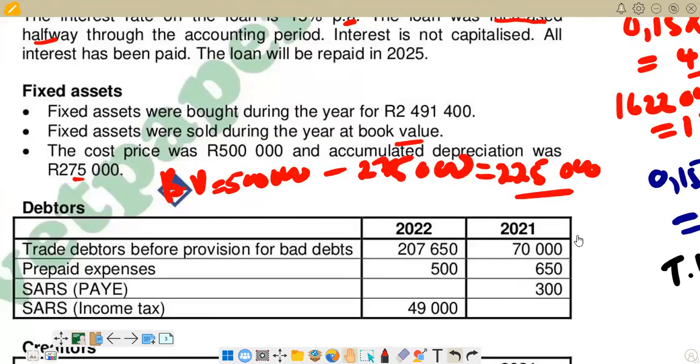So we are just going to say this was the opening balance. The opening balance is 70,000 plus 650 plus 300. So we can check to see what movement was there. At the beginning, we had 70,000, and then we added 650, then we add again 300.